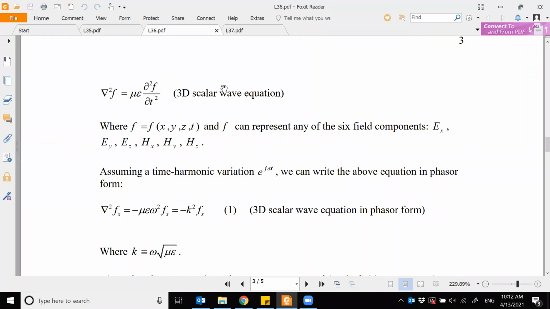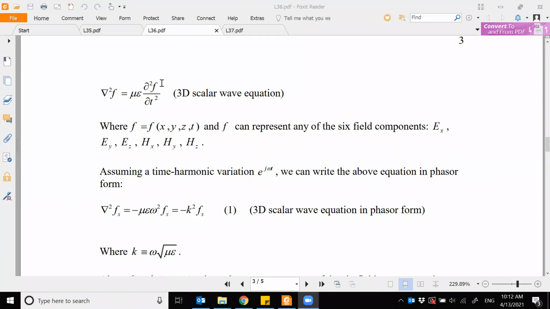So we wrote it in a general form of F. And this is my 3D scalar wave equation, where F can take all the field components, Ex, Ey, Ez, Hx, Hy, Hz. And it is 3D. That's why F is a function of x, y, z, as well as time. Okay, so this is our starting point here.